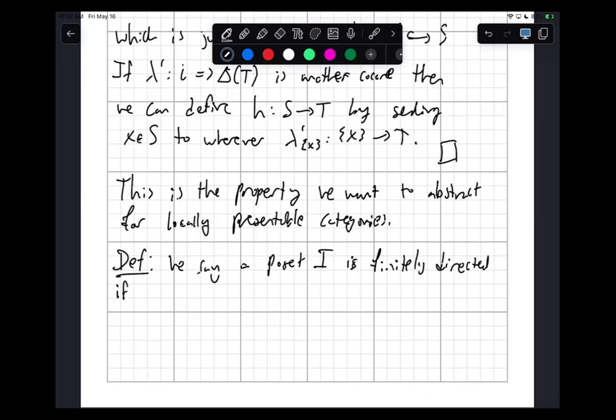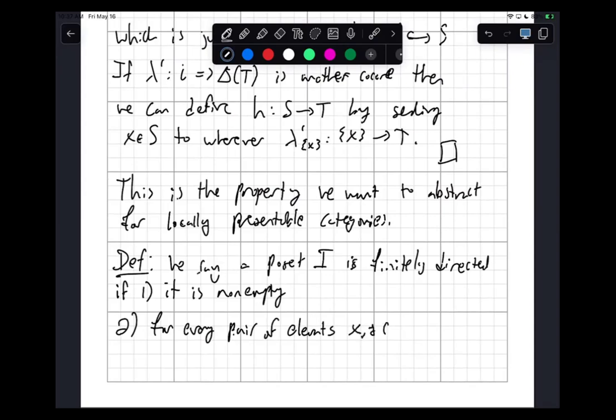Yeah, if it's non-empty and for every pair of elements x, y there exists another element z such that x is less than z and y is less than z.